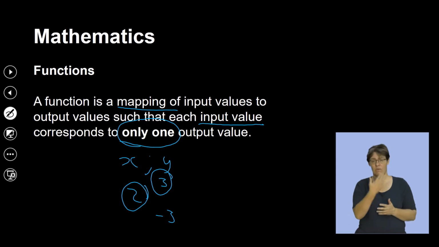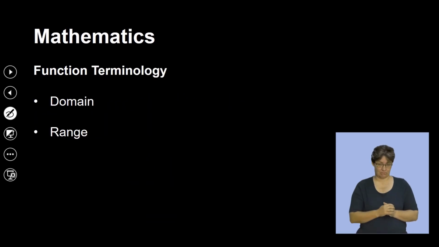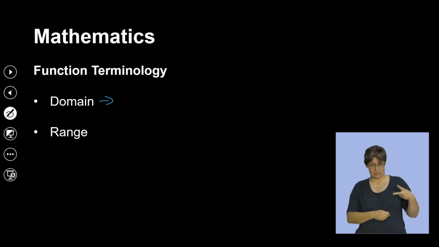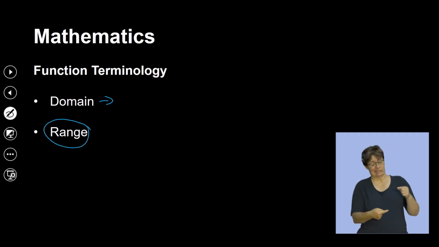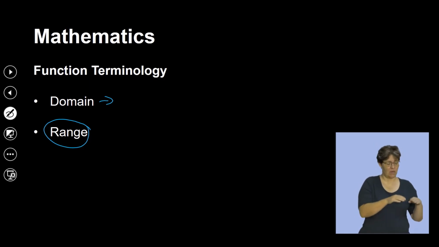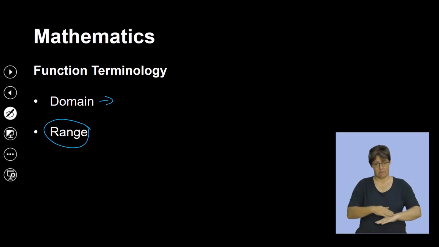So please note that. Some terminology we're going to be looking at is the domain and the range. I'm going to use the word range, but I'm not talking about this range; I'm talking about from minimum to maximum. The domain will be the set of values on the x-axis where the graph is defined.